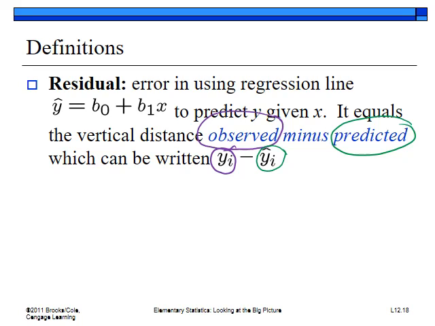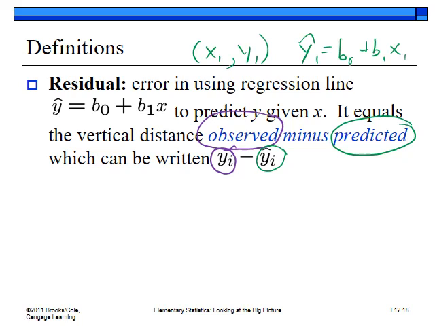So the residual for the first data point is indicated with maybe x1 comma y1. We plug in the x1 into the regression equation, and we get y1 hat equals b0 plus b1 times x1. We subtract y1 minus y1 hat to get the first residual.